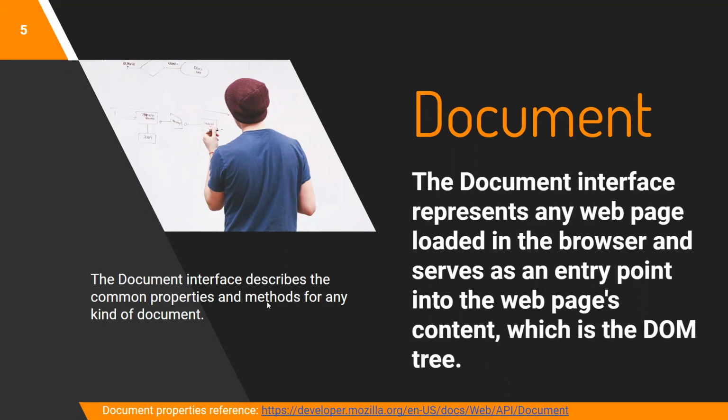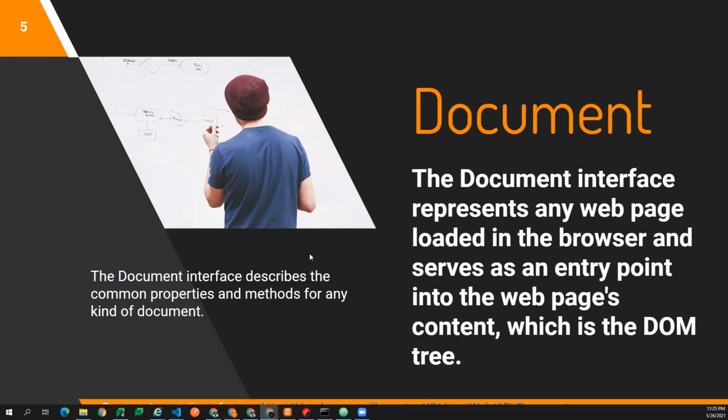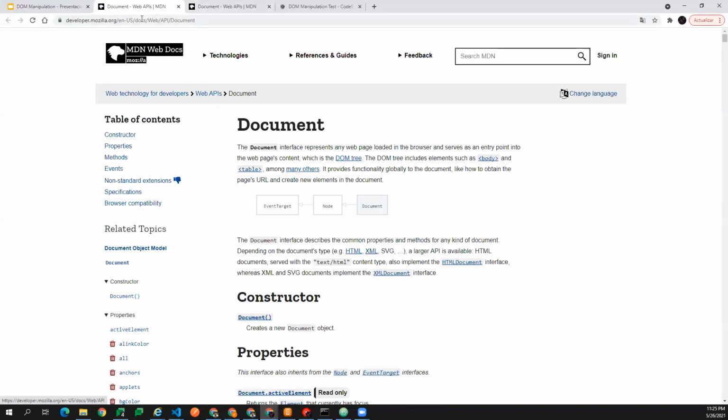So the document interface describes the common properties and methods for any kind of document. We need to keep this in mind as well, methods and properties. And all this we can find in the official documentation from Mozilla for the document API. We don't need to know them all.